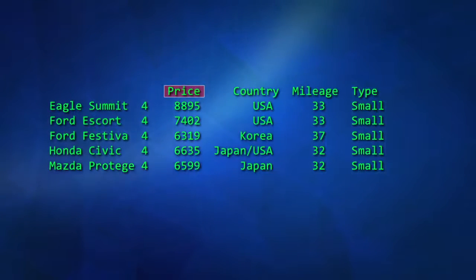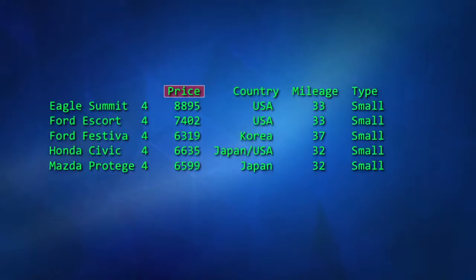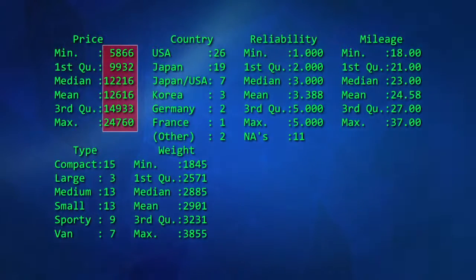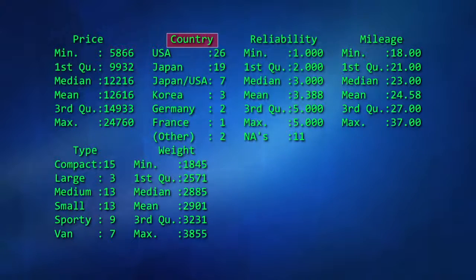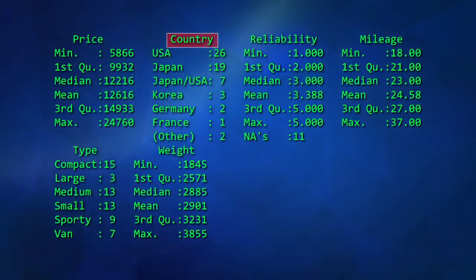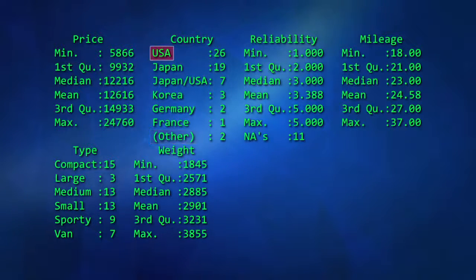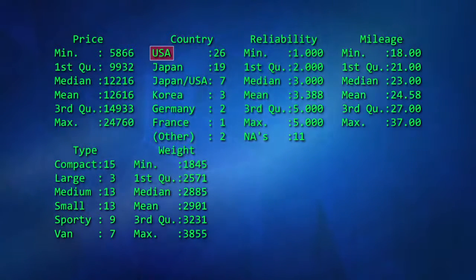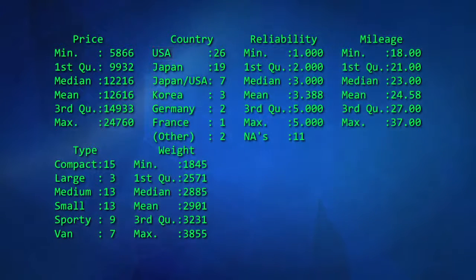And you see here we have price. This is in US dollars of a standard car model, and that's going to range from $5,800 to a little under $25,000. Secondly, we have the country of origin. So France, Germany, Japan/USA, Korea, Mexico, Sweden, and the USA. So these are the origins for all of the cars that we're considering. We also have a measure of reliability.